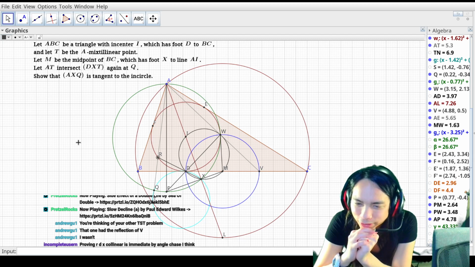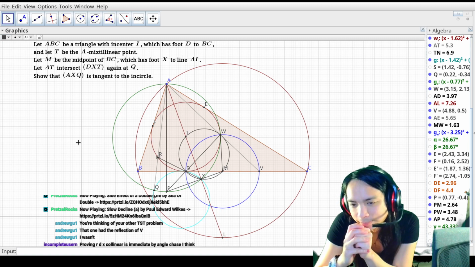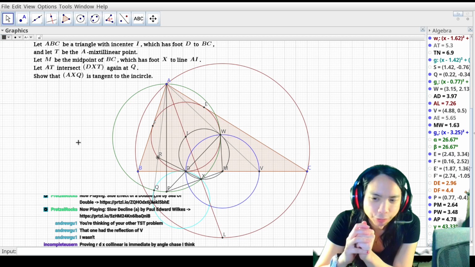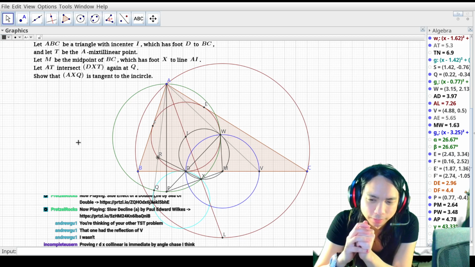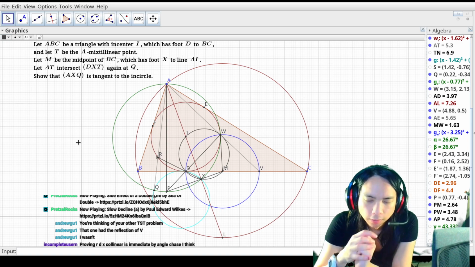I have the point R, so I have... no, we have RDX collinear already. That I agree, that follows by angle chasing. The point is that XW and XD are reflections around the line AIX. So that's not the part I'm worried about.